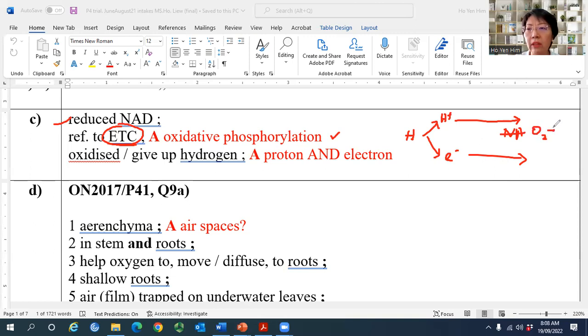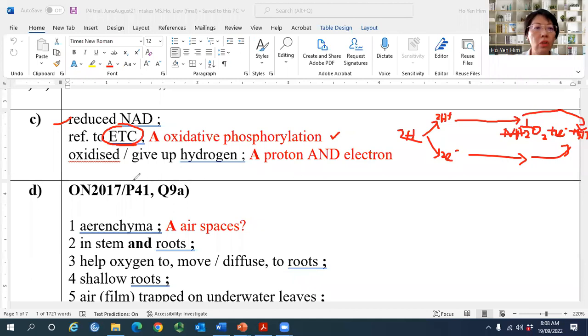Oxygen will accept electrons and also the protons, so the proton will come in here. So 2 electrons and 2 protons, the 2H will be released per reduced NAD. Okay, so therefore H2O, so this is half. So this will become water.